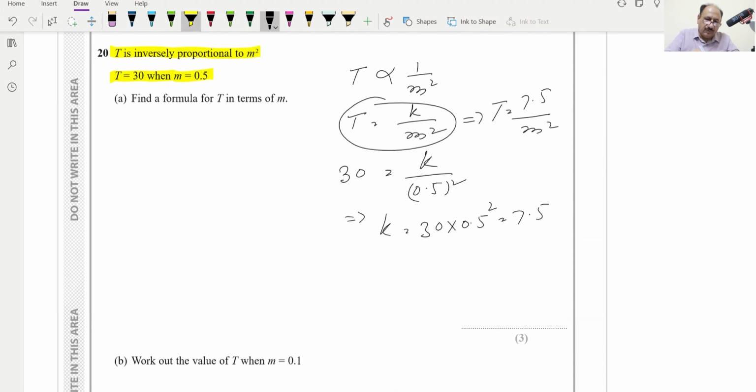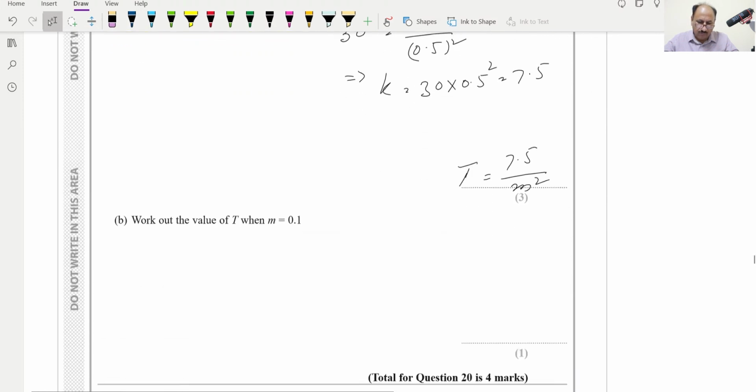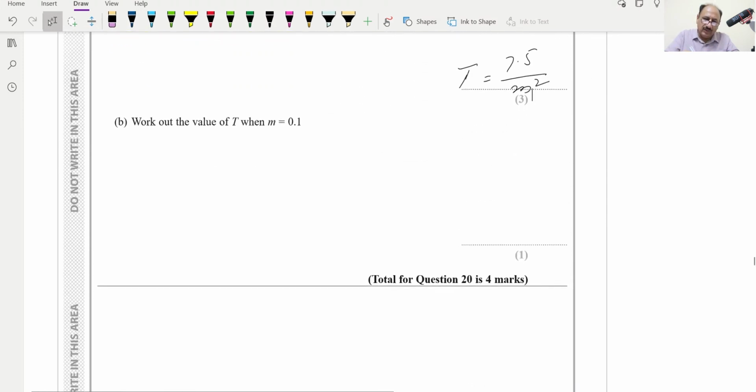They are saying find a formula for T in terms of m. So this will be our formula which we can provide over here: T is equal to 7.5 over m squared. A 3 marks question, which we are done. Now work out the value of T when m is equal to 0.1.